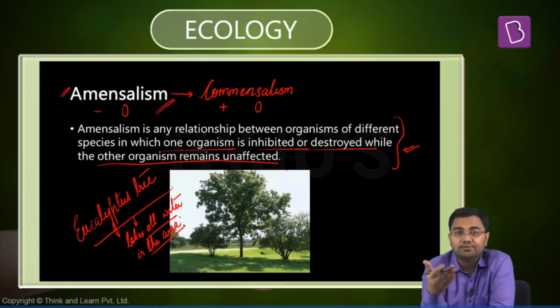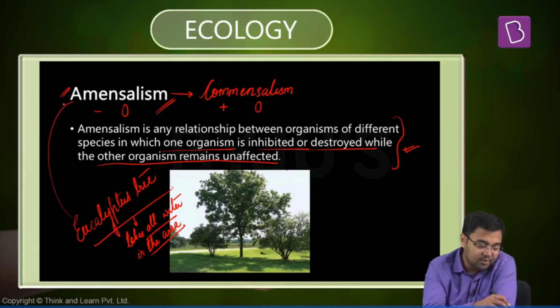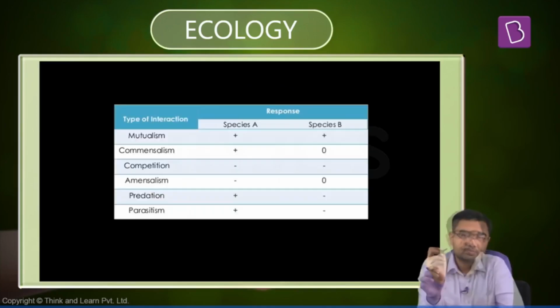It is its natural course of feeding. But with that, what happens is the other organisms, they see a shortage of water, and that's why they cannot survive for long if they need good amount of water. So this is an example of amensalism.